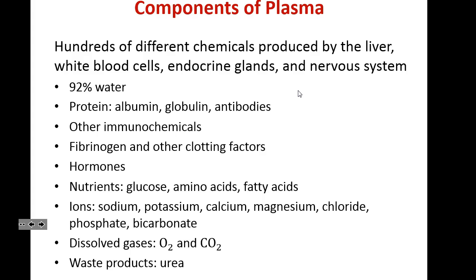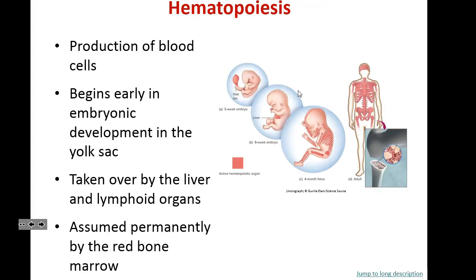It has dissolved gases, oxygen and carbon dioxide, and waste products include urea. So there are hundreds of different chemicals produced by the liver, white blood cells, endocrine glands, and nervous system that all are components of plasma.